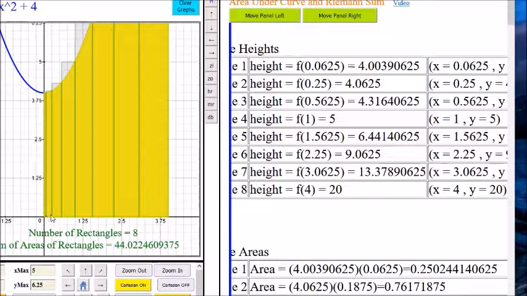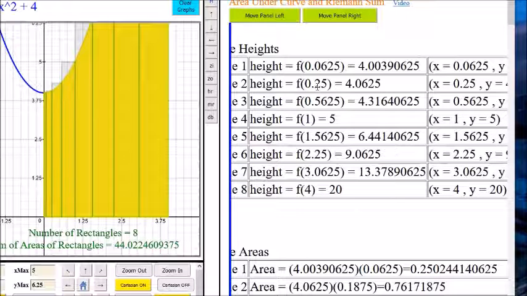The second rectangle is from the interval from 0.0625 to 0.25. Again, we're using the right endpoint method, and therefore we will use 0.25 to find the height of the second rectangle.